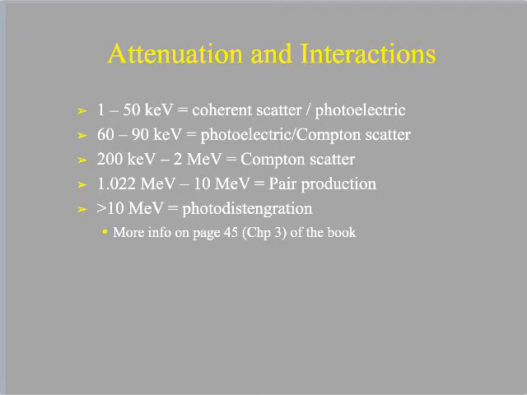So if you're an X-ray tech, you might be wondering, well, that says 50 keV. I set kVps that are much higher than that, right? 80 kVp, 120 kVp. But I want to point out to you the term is different. This is referring to the actual photon's energy. kVp refers to the kilovolt peak.